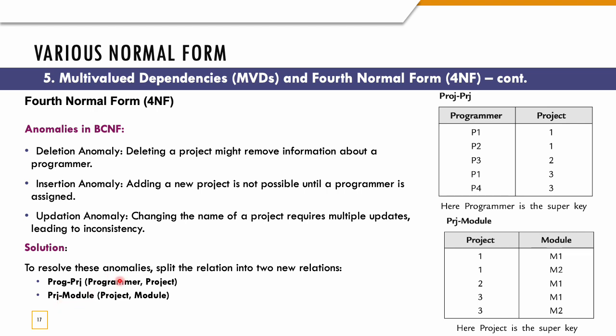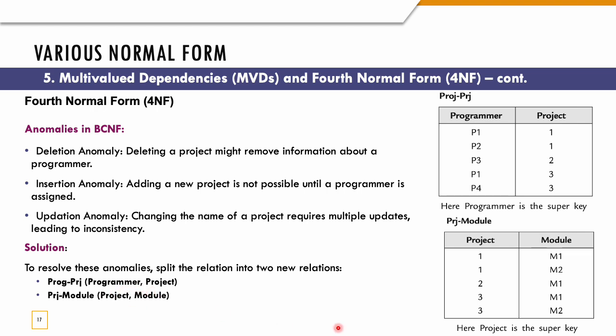The first relation tracks which programmers are assigned to which project. The second relation keeps track of the modules belonging to each project. Okay?